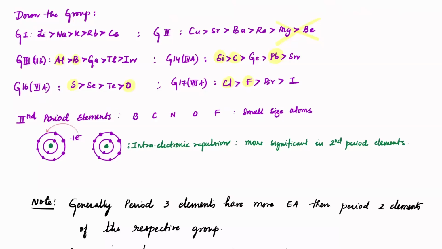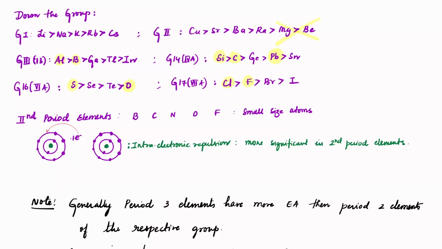Now, listen. Between sulfur and oxygen there is a huge gap, but you might expect the same thing between chlorine and fluorine also. But in the case of oxygen, even after adding an electron, there is no extra stability that you are getting. We are not gaining any extra stability here. But when it comes to fluorine, taking one electron, it will complete its octet.